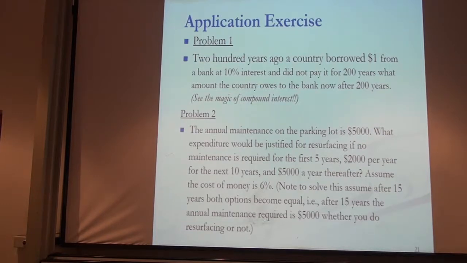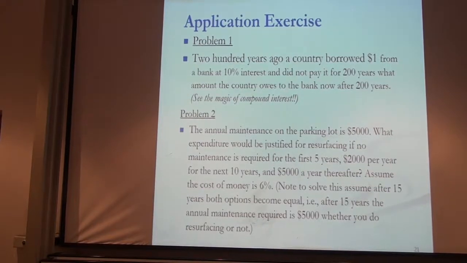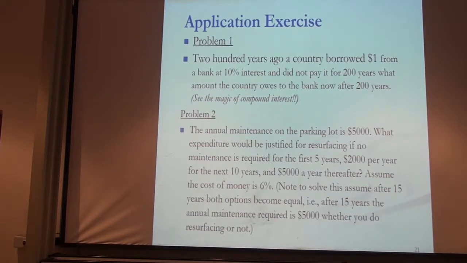Another option is that you do resurfacing, but for resurfacing you have to invest and pay. If you do that, you will have first 5 years 0 cost, and then next 10 years $2,000. After 15 years, both the options, do nothing and resurfacing, will become equal. So your analysis is only for the first 15 years.